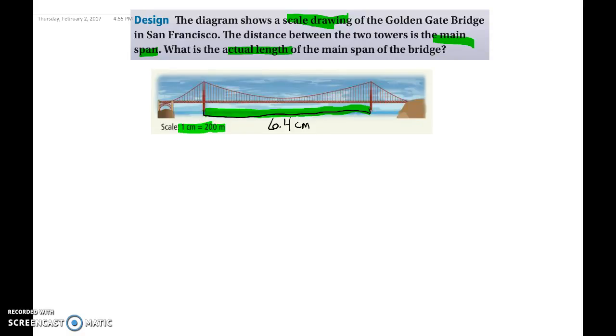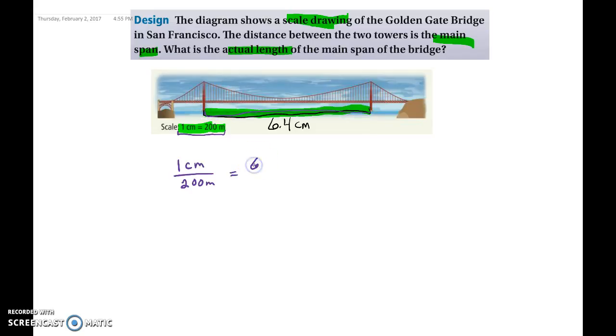We need to create a proportion, and it doesn't matter how you do this to begin with, but you need to be consistent. So I know 1 centimeter is proportional to 200 meters. There's our scale. And then the scale drawing, I was told, is 6.4 centimeters.